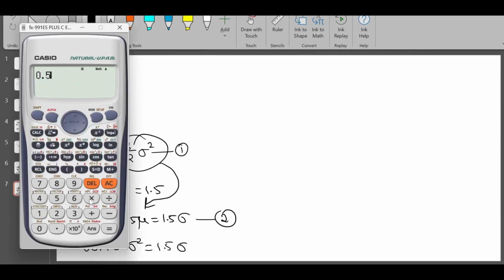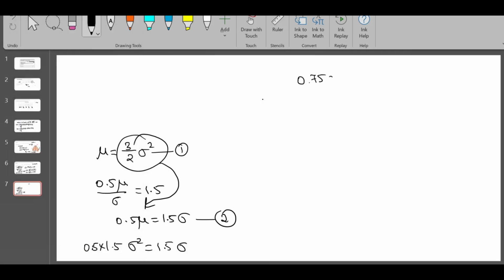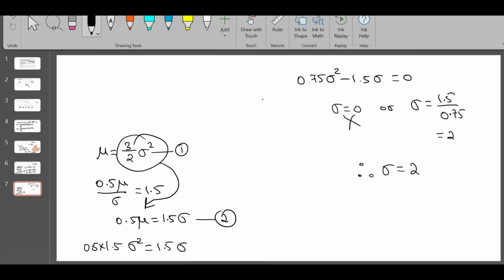So 0.5 times 1.5 is 3 over 4, 0.75 sigma square minus 1.5 sigma is 0. When you solve it, you'll get sigma is 0 or sigma is 1.5 over 0.75, which is 2. Sigma cannot be 0, therefore sigma is equal to 2.